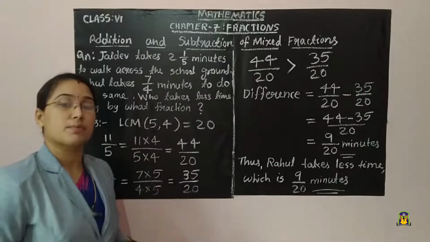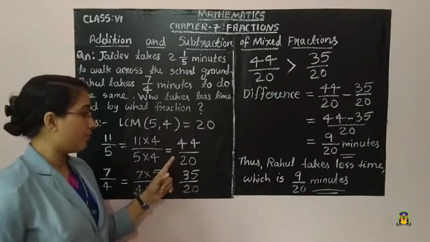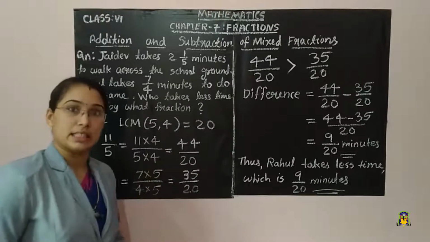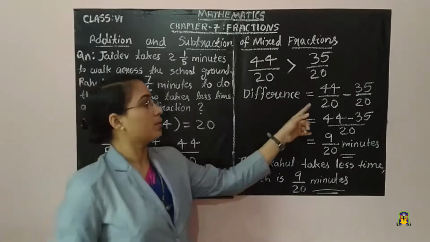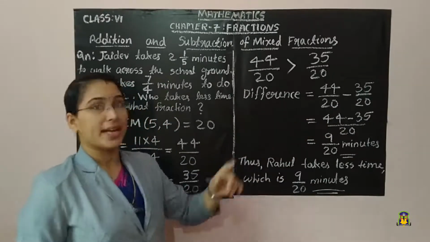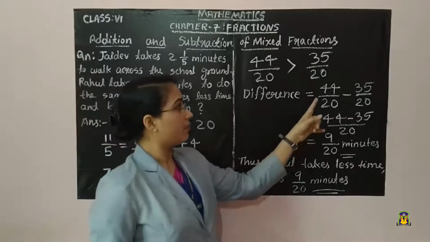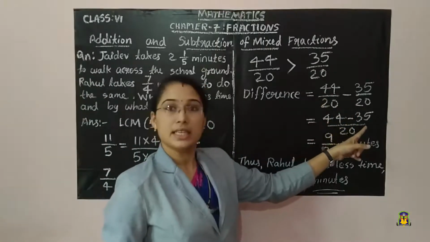By what fraction means we want to find out the difference between 44 by 20 and 35 by 20. So we can find out the difference. Here both two fractions are like fractions. So very easily we can find out the difference. Okay, here we want to subtract numerators. 44 minus 35.